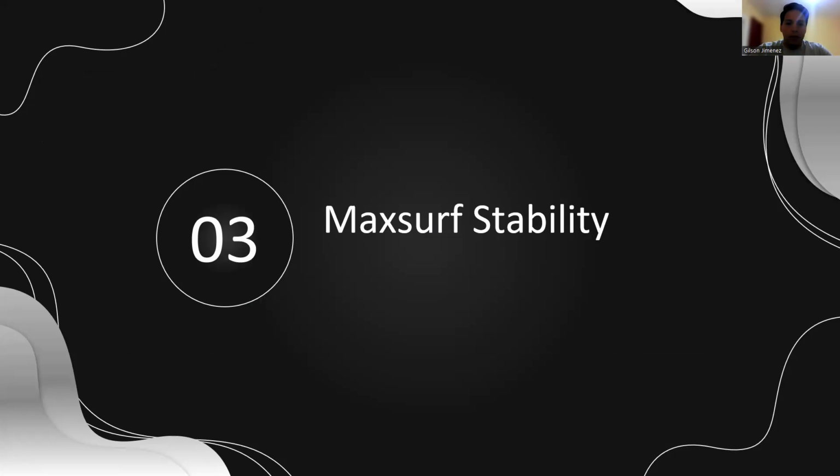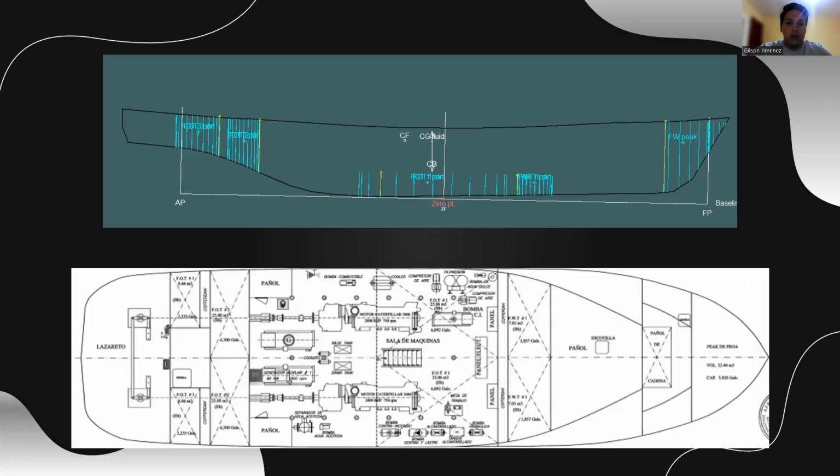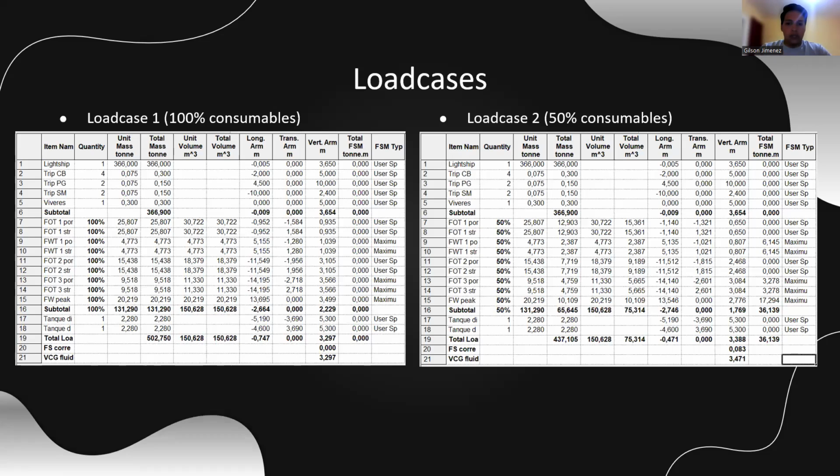Good morning, everybody. For the MaxSurf Stability, we're going to take the distribution from the plan. From the original sheet, we can establish the load condition for each case. In this distribution, we can see the fore peak, the tanks of the fluid and the ballast tank, and the weight. And in the next slide, we can see the load condition for each case, from the 100% and 50-100%.